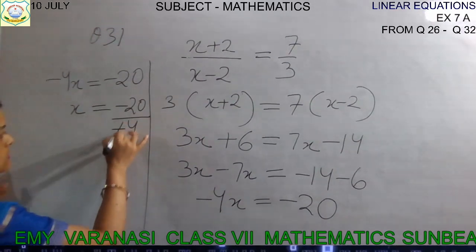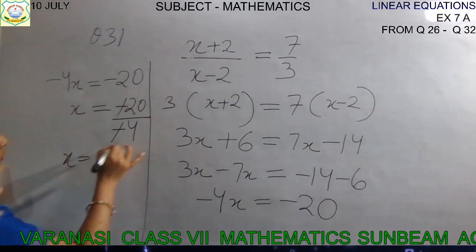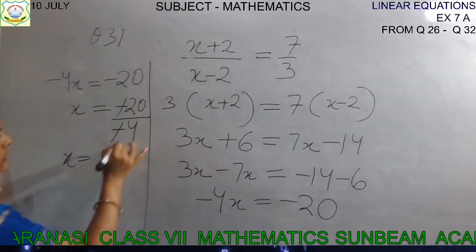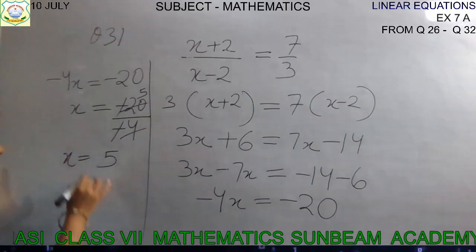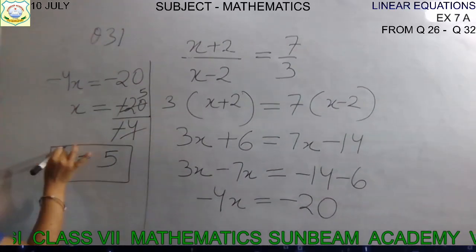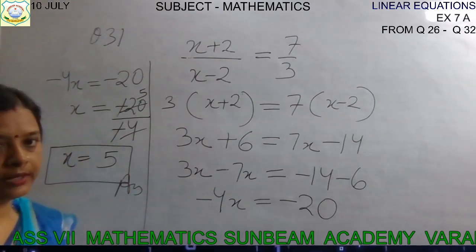Now solve this. Minus minus will get cancelled. x is equal to 20 divided by 4, 4 5s are 20. When you simplify this, 5 will be left. So x is equal to 5. This is your answer.